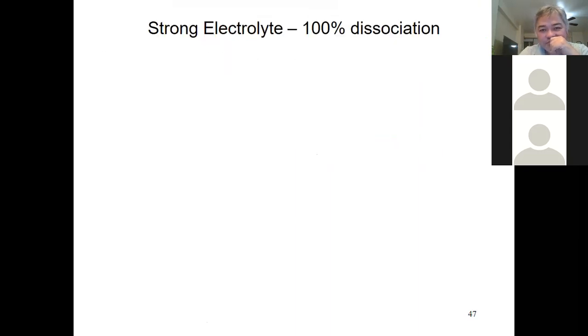Now, one of the objectives of this module in this course pack is for you to get the pH of strong acid, strong base, weak acid, weak base. That's why the first thing for you to know is how do we differentiate a strong acid from a weak acid and a strong base from a weak base?